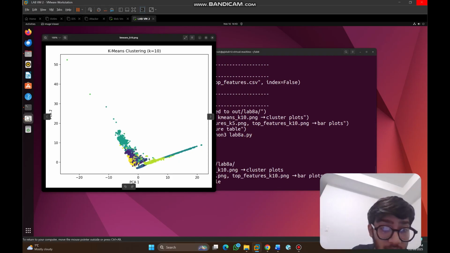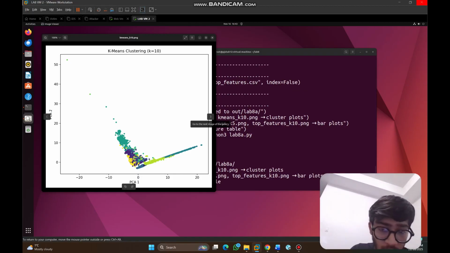And for k equal to 10, there are very small clusters capturing fine-grained patterns. They provide deeper insight into traffic variation but increase overlap, because dividing into too many clusters reduces accuracy. So it shows how higher k values increase detail but reduce cluster purity.